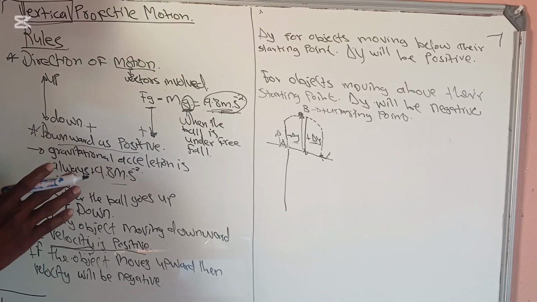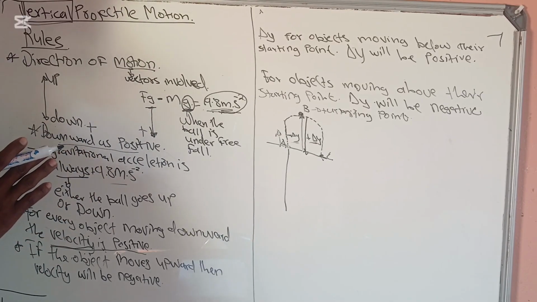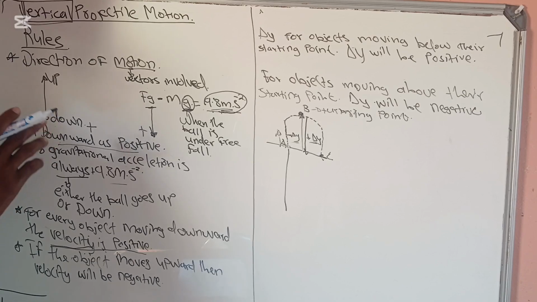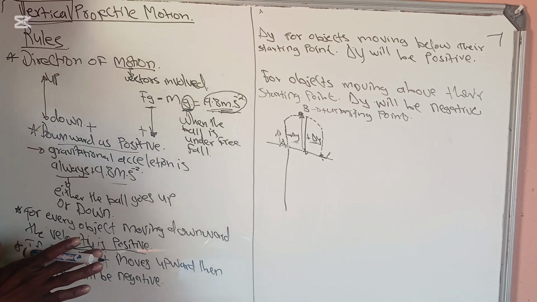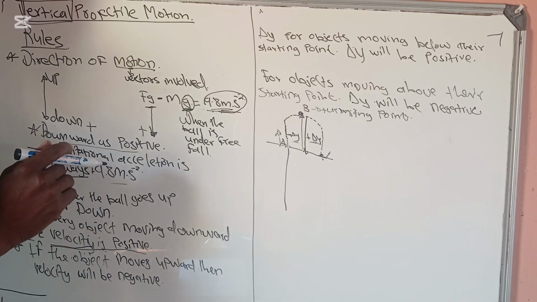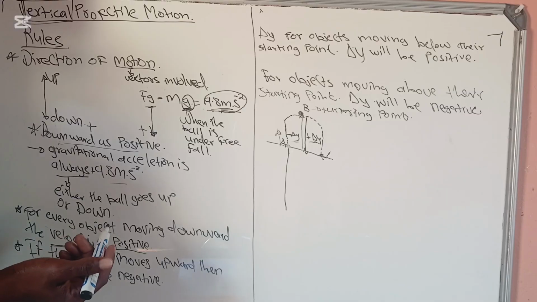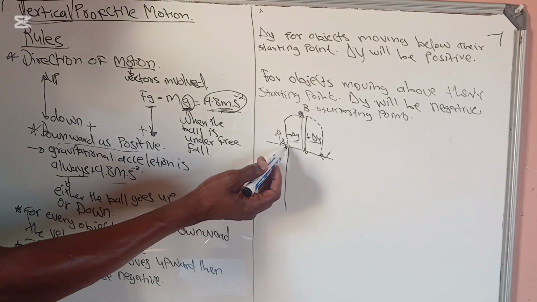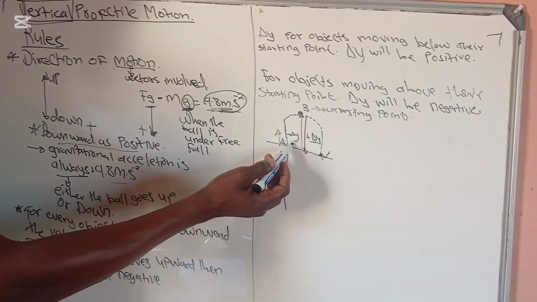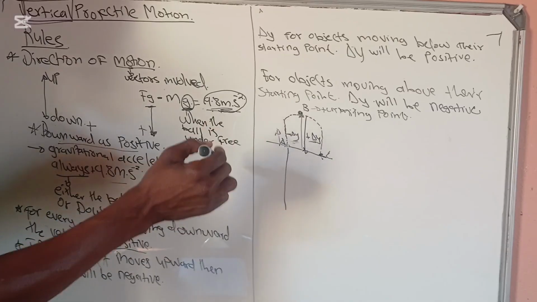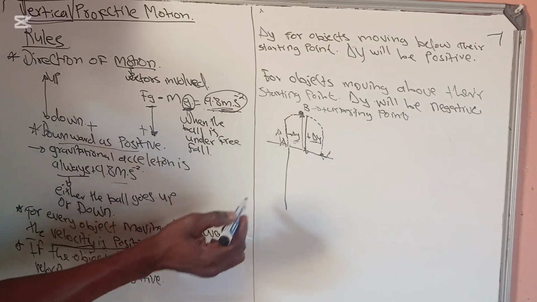If you understand these rules, whenever the ball turns, then you know how to apply them. Velocity downward is positive. Velocity upward is negative. Above the starting point, change in y is negative. Below the starting point, change in y is positive.